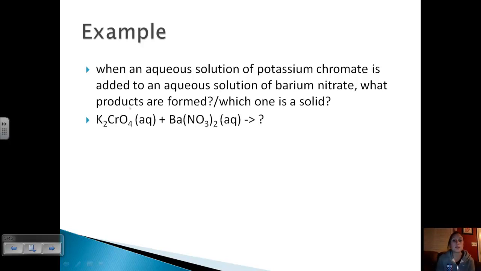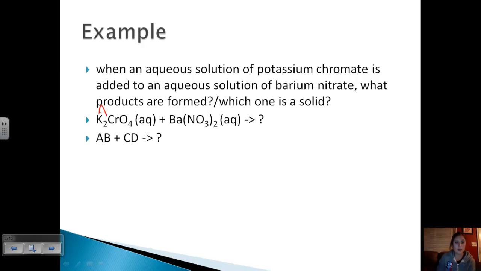Okay, so potassium chromate is K2CrO4, and barium nitrate is Ba, and then because barium is a +2 charge, we need 2 nitrates in order to make that neutral compound. So this is following the form AB plus CD.